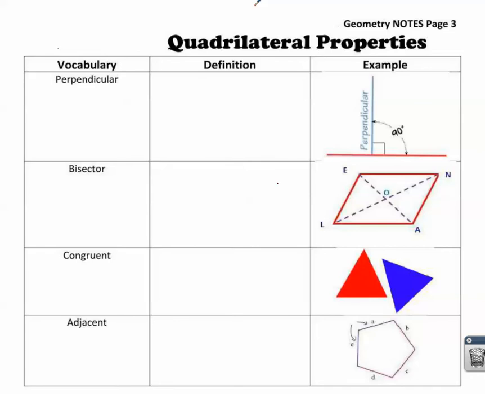Today we're going to talk about quadrilaterals and their properties. And the first property here talks about being perpendicular. The definition of perpendicular is when two lines that meet form a right angle.